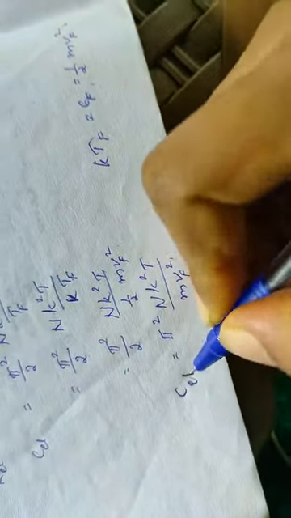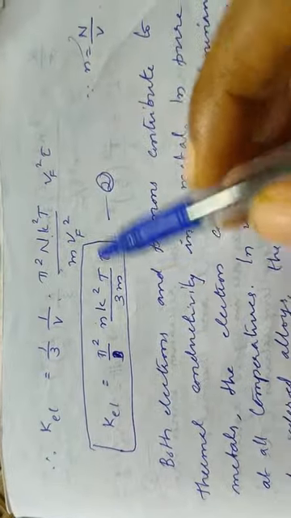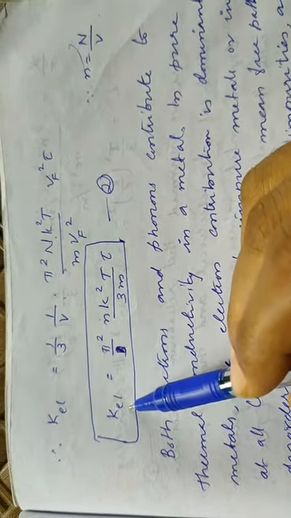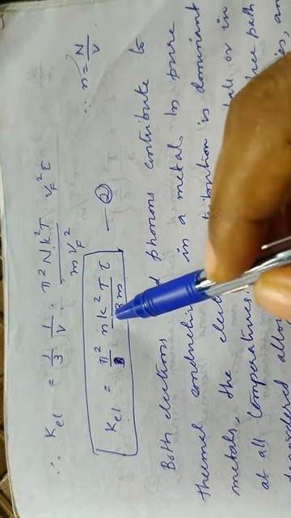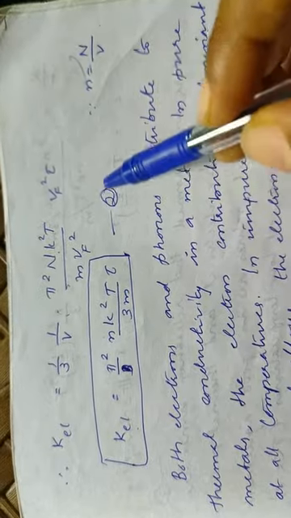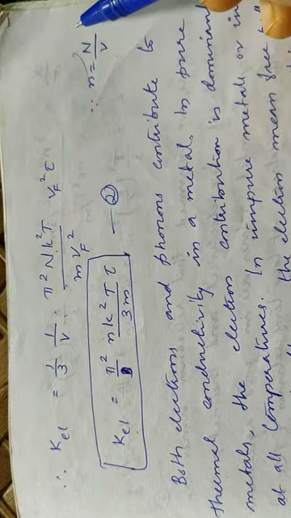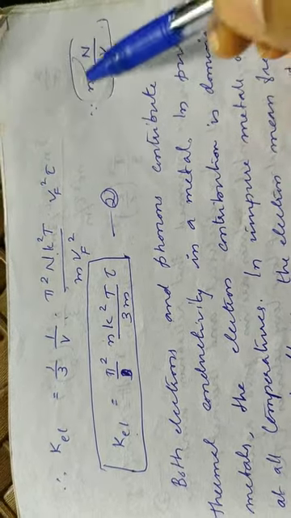We have got the expression for the electronic heat capacity, and we are substituting this term in the equation of thermal conductivity. So the final expression will be pi square n k square T tau by 3m, where we have substituted capital N by V as the number density, small n.